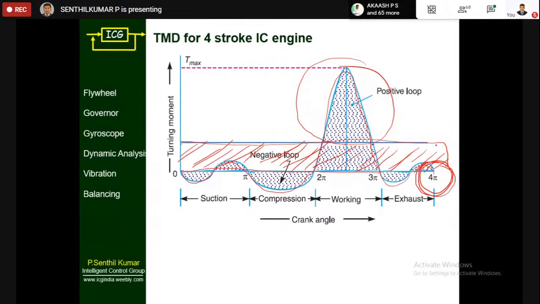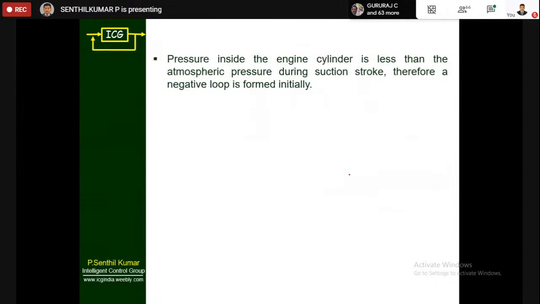So whenever you have a fluctuation of energy, you can convert it into uniform energy with the help of a flywheel. Suppose you take a DC motor, like in a fan; it will run at continuous speed. There is no fluctuation, so you don't need a flywheel. Wherever you use a steam engine or IC engine, you always need a flywheel. That's a point, and you may get one or two questions on it.